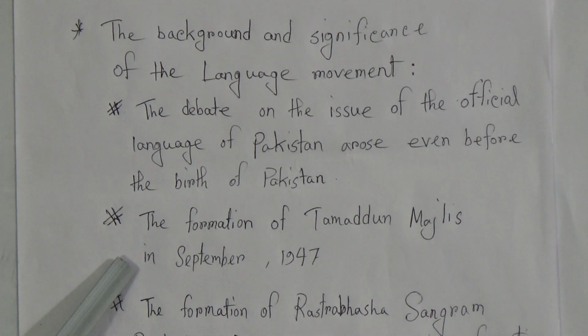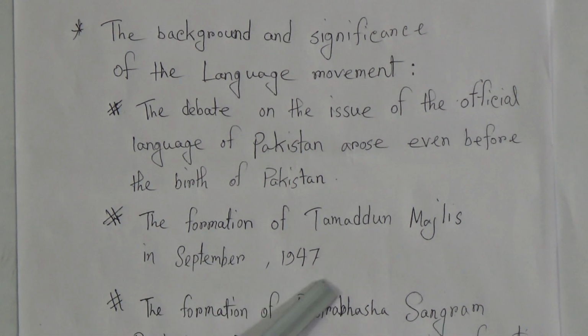And then you can write about the formation of Tamadun Mujlis in September, a cultural organization formed at the University of Dhaka, headed by Professor Abul Qasim in September 1947.